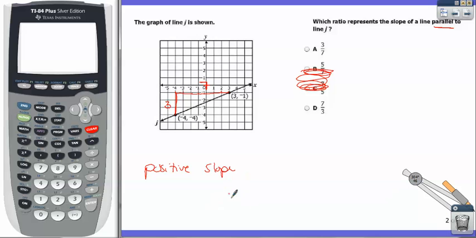I just got rid of 2 answers. Now, is the 3 on the top or the 7 on the top? Well, my slope is rise over run. It's always going up and down first, so it's going to be 3 over 7. I could also try the 7 over 3 and end up somewhere up here, but there's no reason.